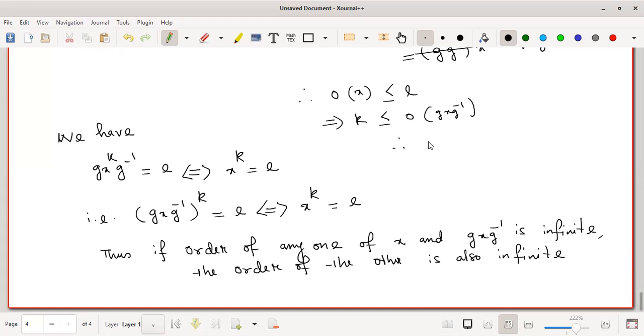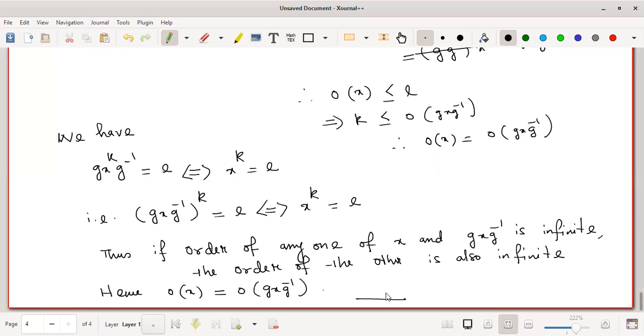Actually, here we have proved that order of x equals order of gxg inverse, provided both orders are finite. So now ultimately we proved, hence, order of x equals order of gxg inverse, and this proves our claim.